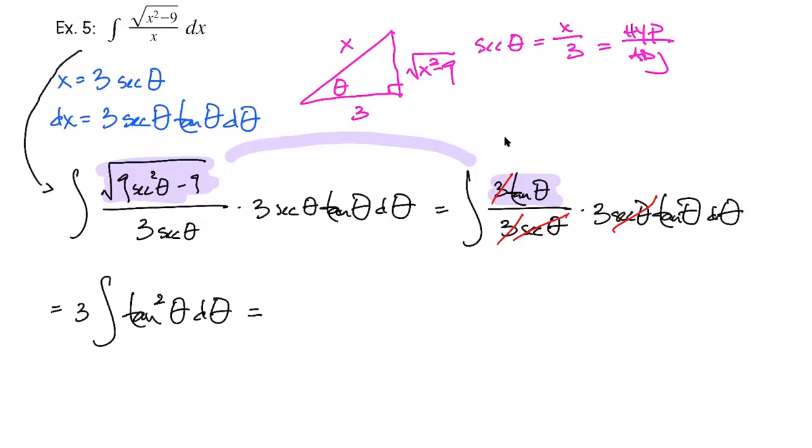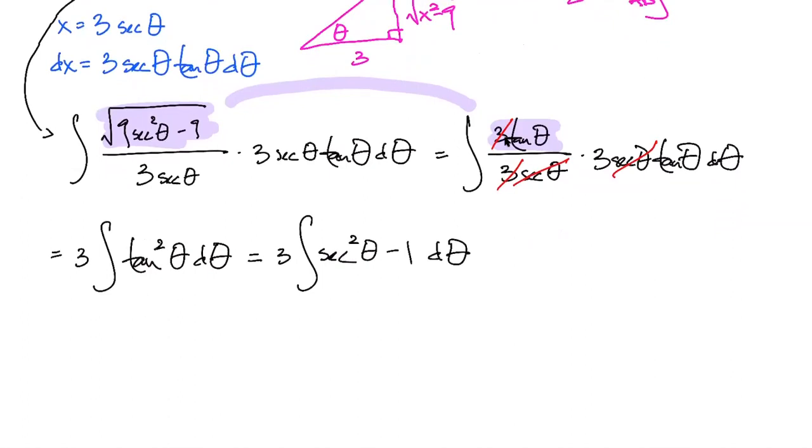And this is one of the cases we saw from yesterday where the power of tangent is even. And so in that case, we turned it into secant squared theta minus 1. Okay. And this worked out really nicely because we know the integral of secant squared, but we don't know the integral of tangent squared. Okay.